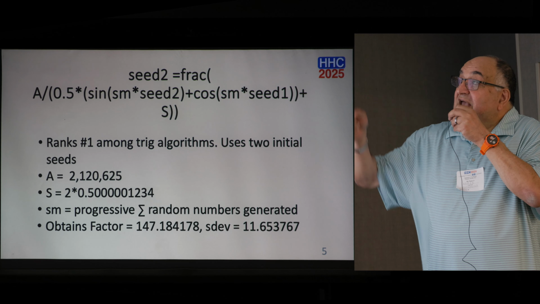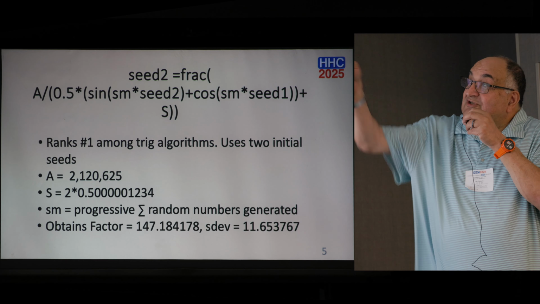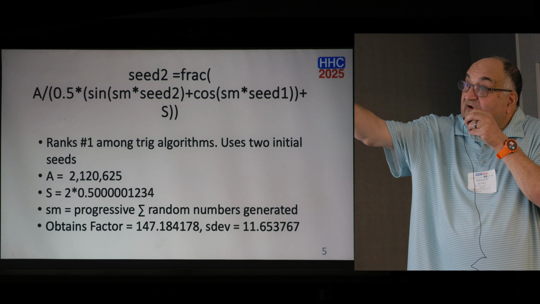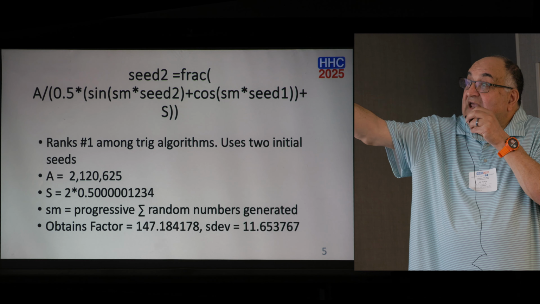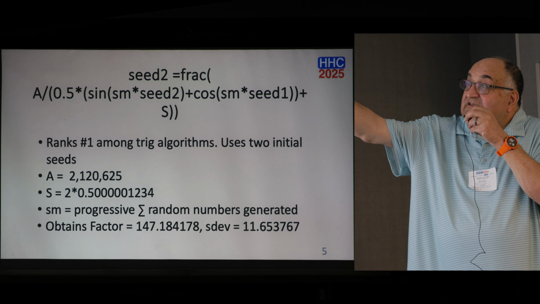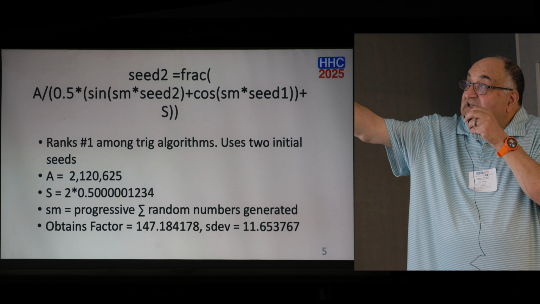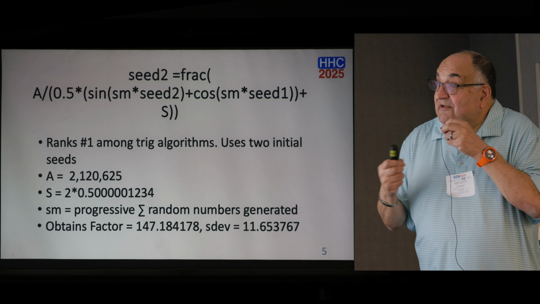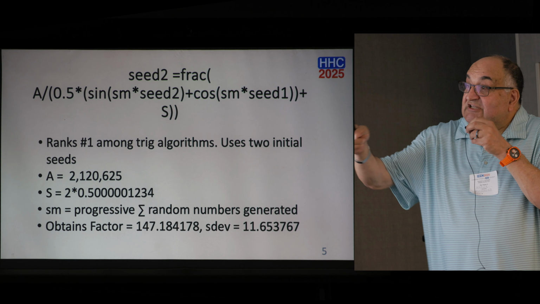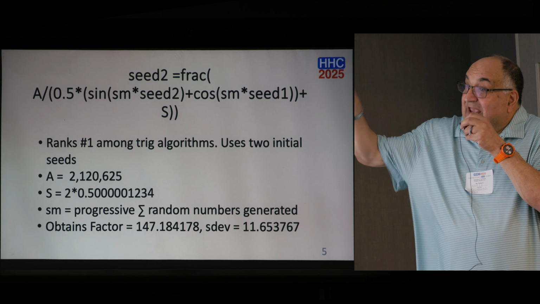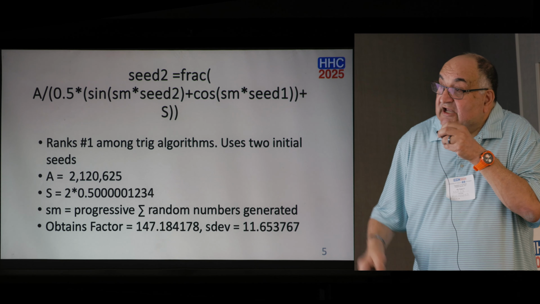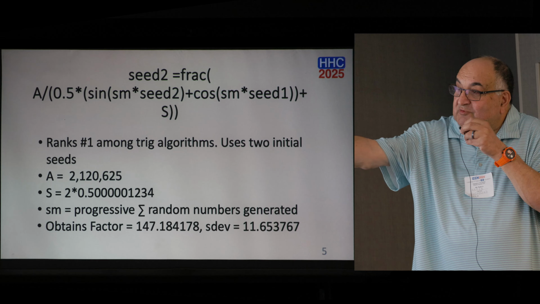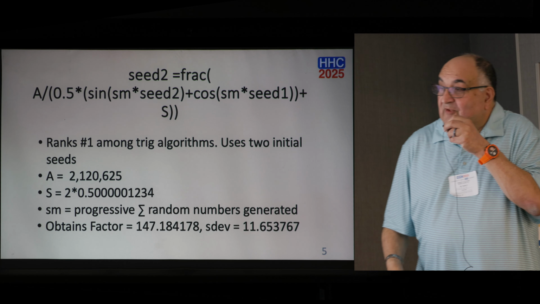The first one: seed 2 is the new seed, and is the fraction of A, constant A, over half times sine, sum of the seeds times the current seed, plus cosine, sum of the seeds times the previous seed. Here I'm using 2 seeds, and that's the best algorithm in its category, where A is 2.1 million and S is 2 times half, that's slightly above 1.